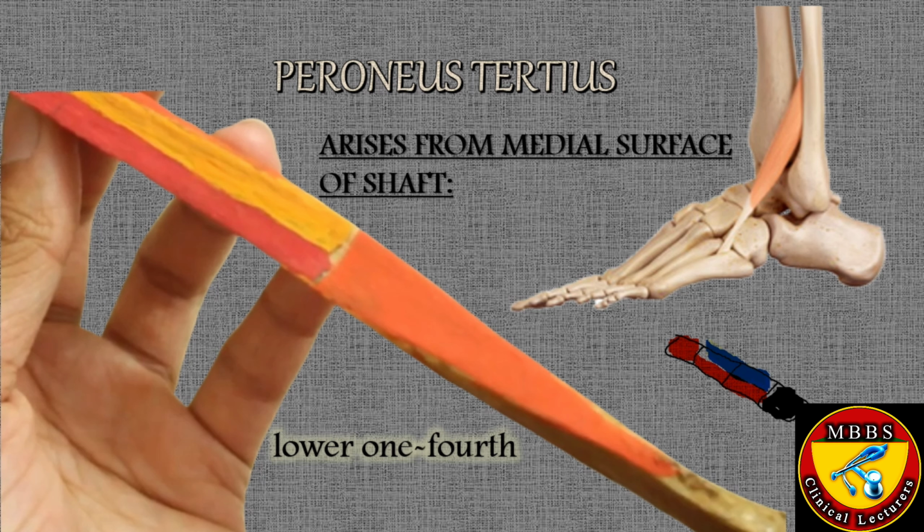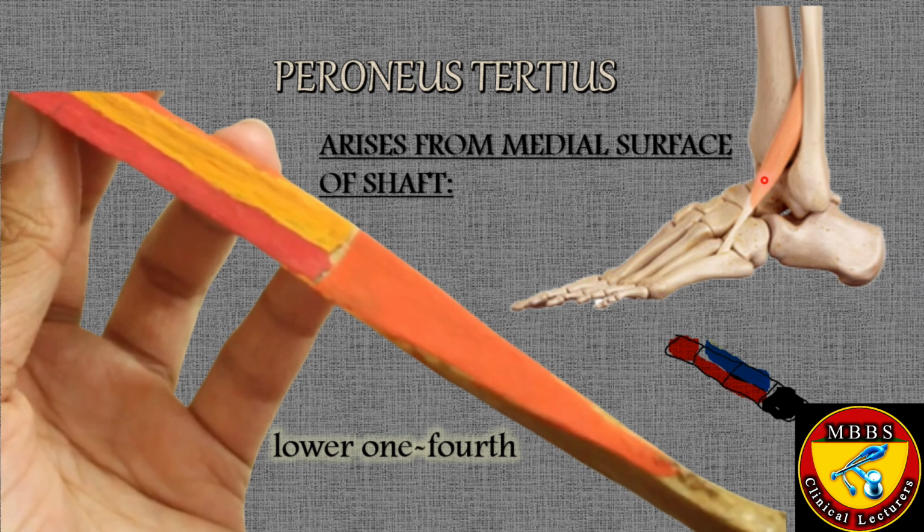So there are three muscles which take origin from the medial surface of the shaft: number one, extensor digitorum longus, extensor hallucis longus, and peroneus tertius muscle. So again revise in your mind: extensor digitorum longus, extensor hallucis longus, and peroneus tertius muscle.